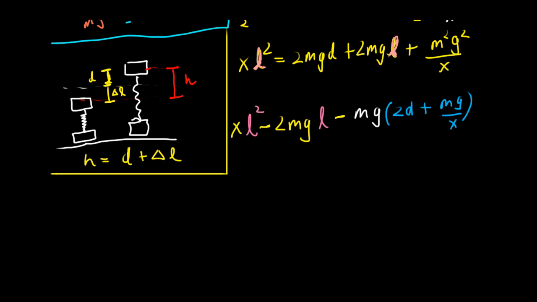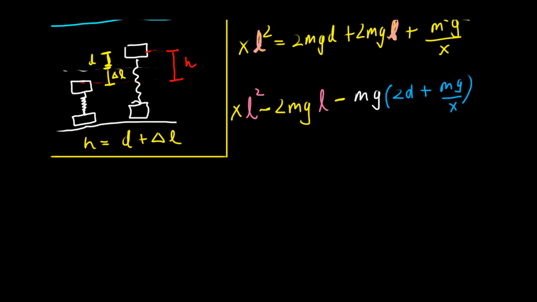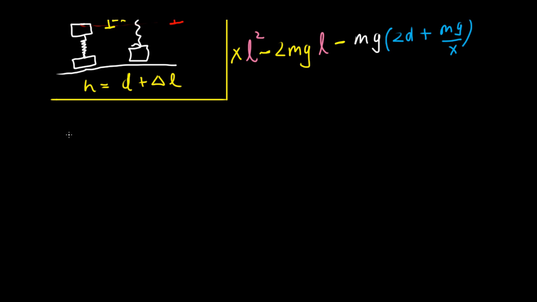Alright, now we got to solve this quadratic. So I hope you remember the quadratic formula. So L will be equal to minus b, which is 2mg, plus or minus the square root of b squared. B squared is, let me write it in green, 4m squared g squared. Let me extend this.